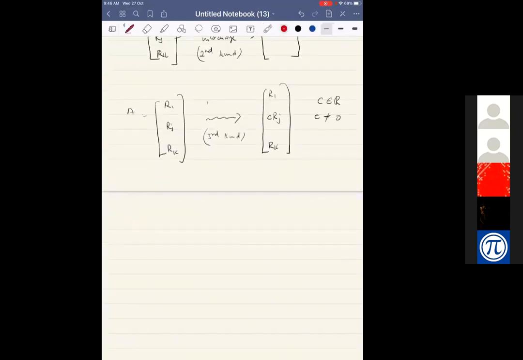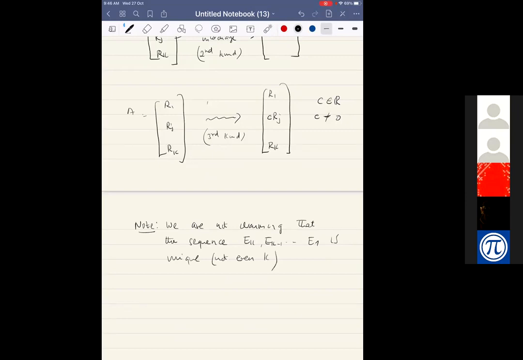Note, we are not claiming that the sequence Ek, Ek minus 1, ..., E1 is unique, not even k.